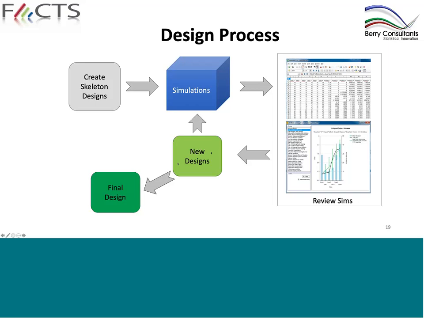Invariably, that leads to whole new designs that weren't a part of the original skeleton. It might be as simple as different thresholds, different quantities of interest, different posterior calculations. It might be bringing in other data, but it might be adding arms, changing the number of arms in the trial, a seamless phase 2-3 where it used to be a phase 2 trial.